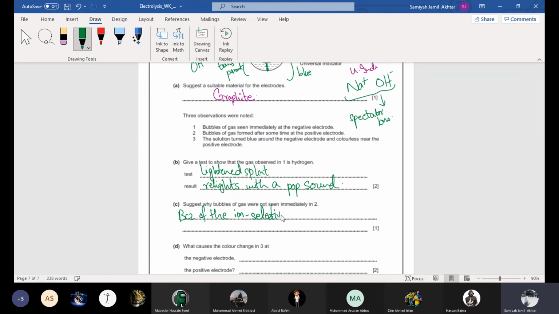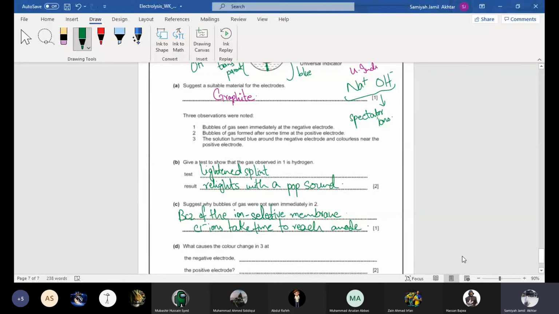Because of the selective membrane, chloride ions take some time to reach the anode. There are hydroxide ions also in the middle, so their movement will get disturbed.